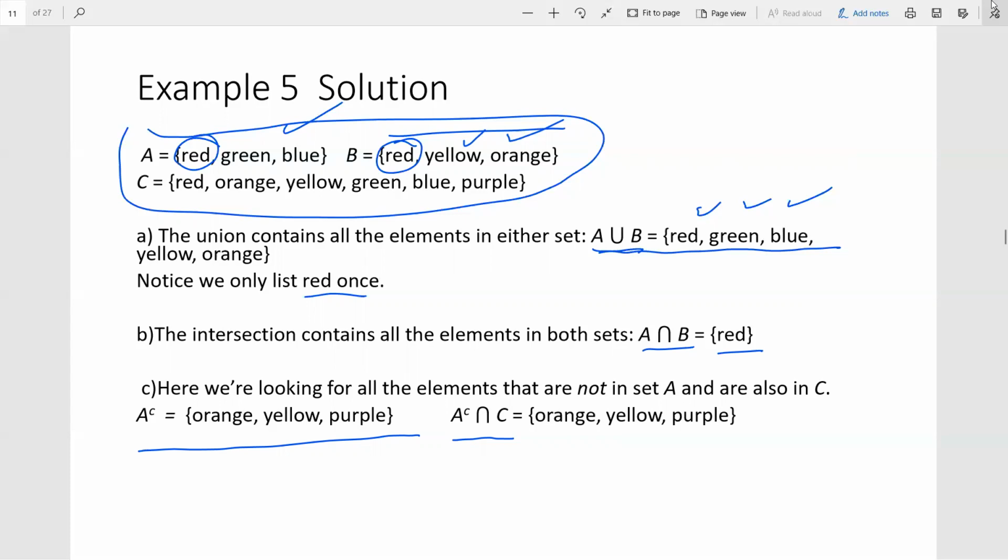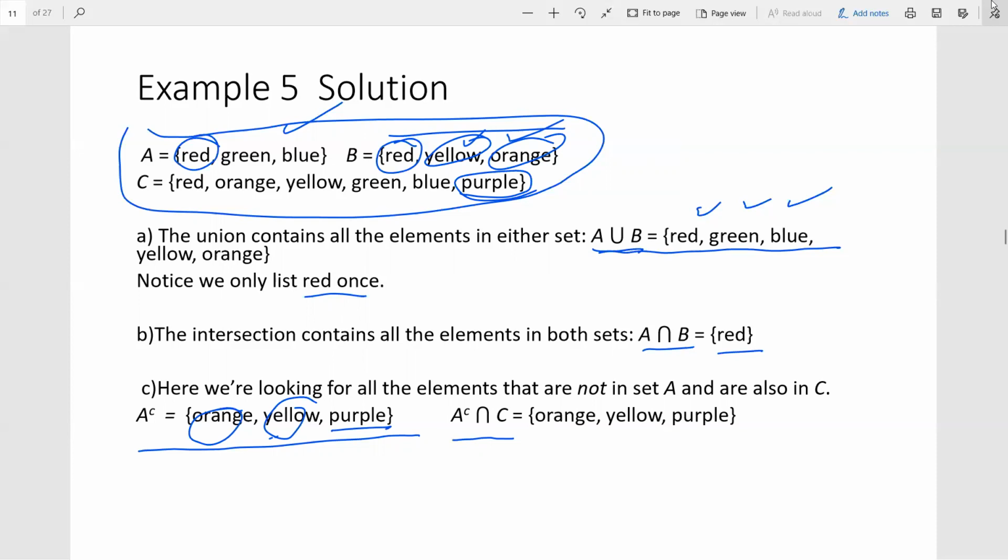So we start picking those up, and we get yellow, orange, and purple. Notice blue and green are not in A complement. So A complement then is going to be orange, yellow, and purple.